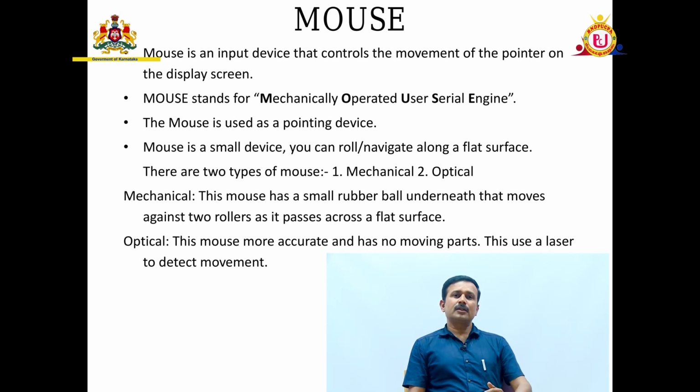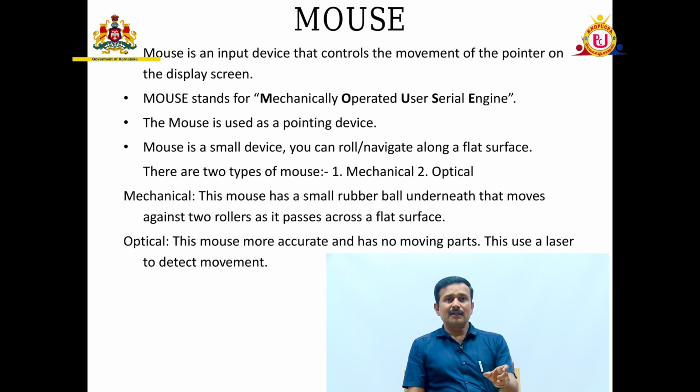There are two types of mouse. One is mechanical mouse, another is optical mouse. In early days we used the mechanical mouse. The technology used is that at the bottom of the mouse we find a rubber ball. It makes contact with two rollers. The two rollers represent direction of movement and position of movement, how far we are dragging on the surface of the table.